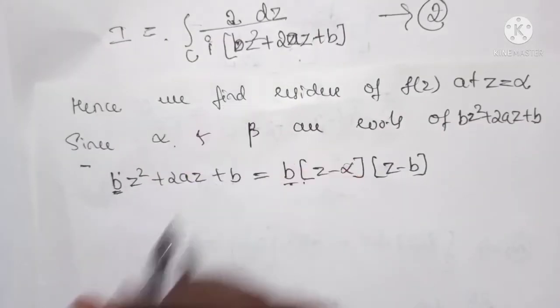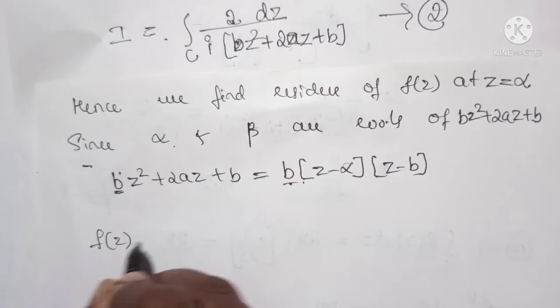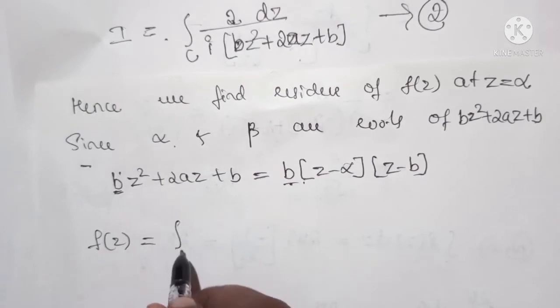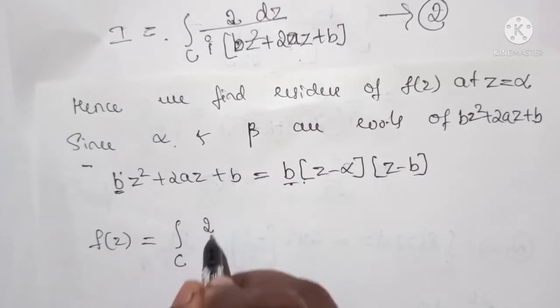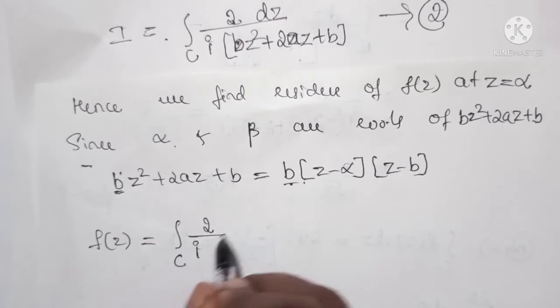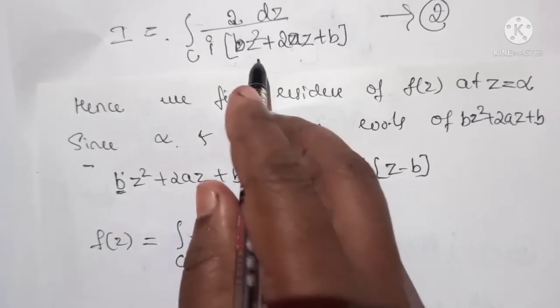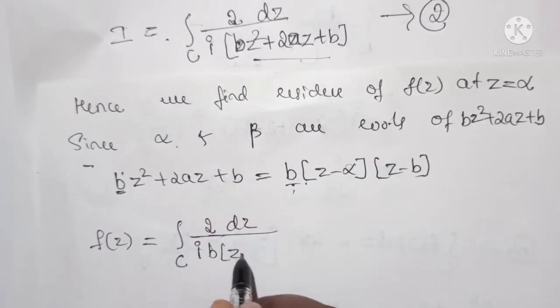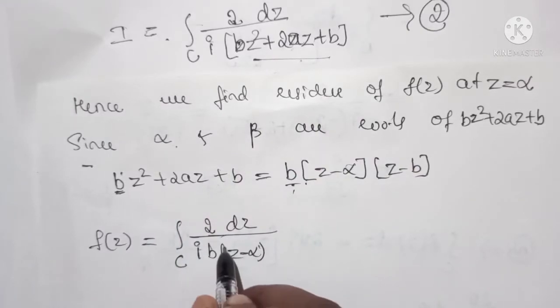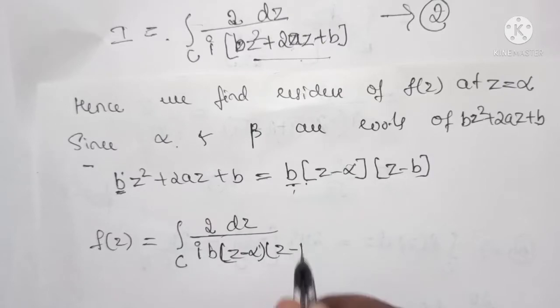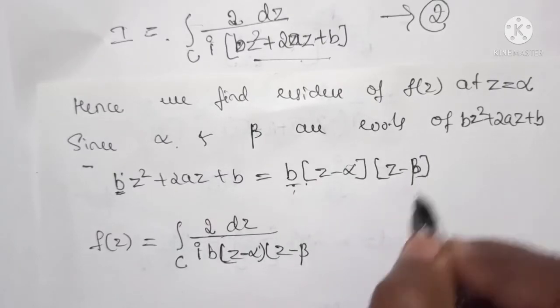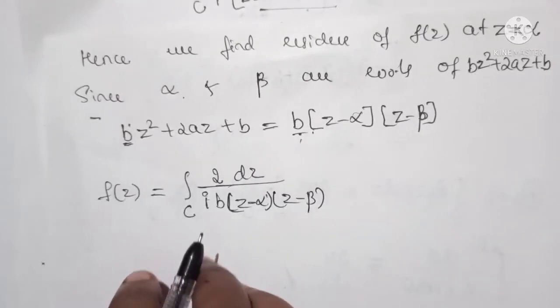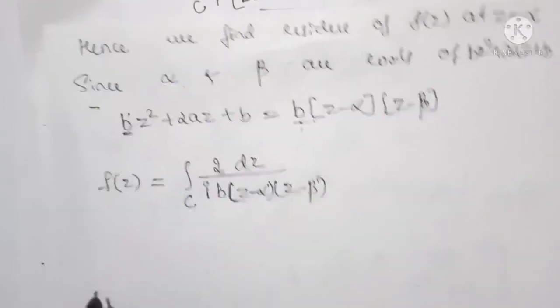So therefore f of z can be written as integral c 2 by i dz. So instead of this one, it can be replaced by b into z minus alpha, z minus beta, not b, it is beta. Now we find the residue at z equals to alpha.